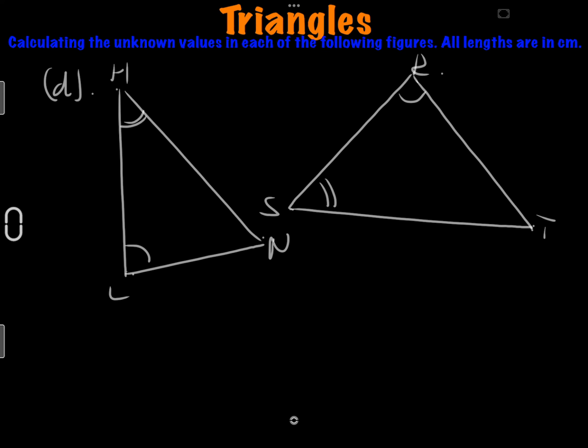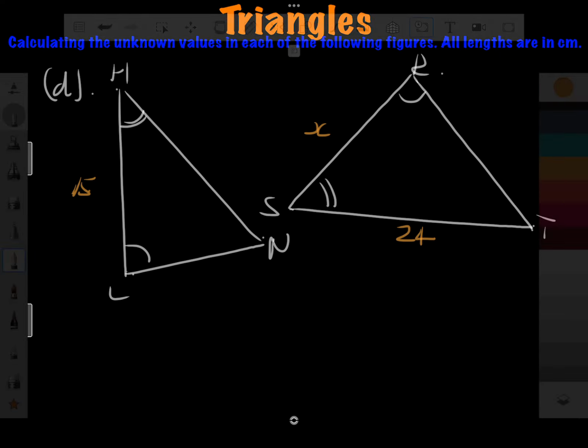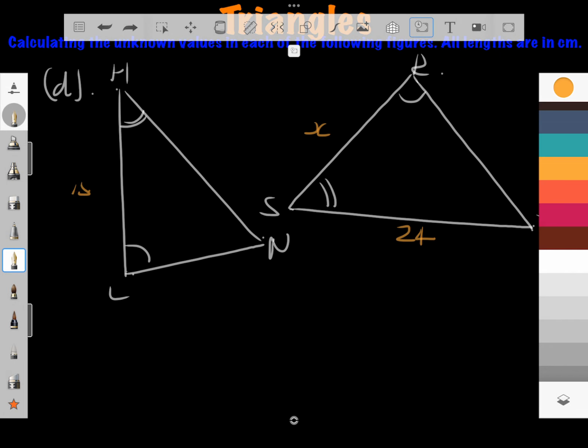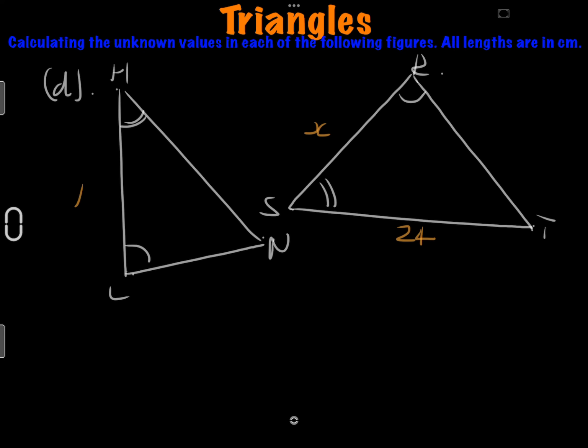So we have 24 centimeters in this case. We have x, we don't know what x is, and then we have 15 centimeters. We have 15 centimeters, and then we have 18 centimeters.